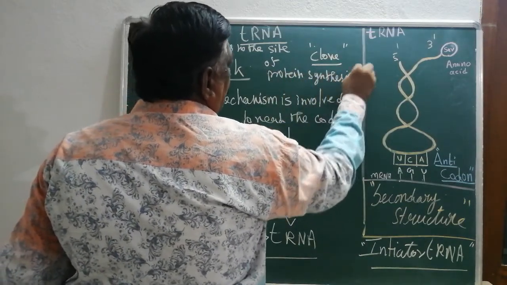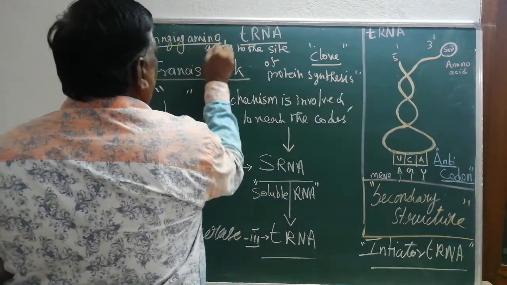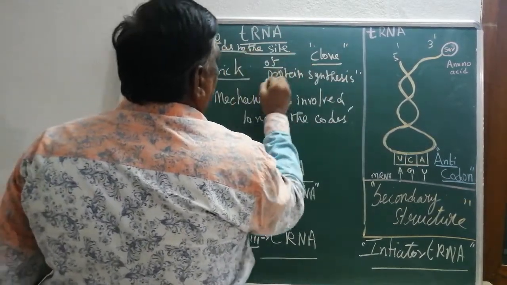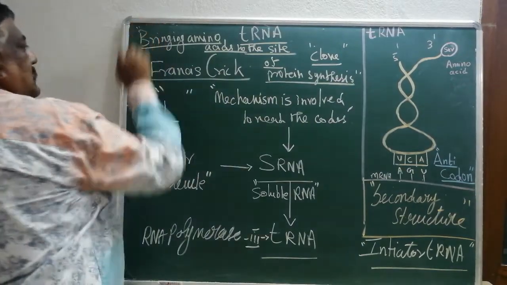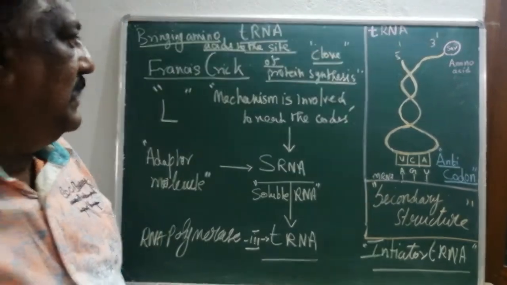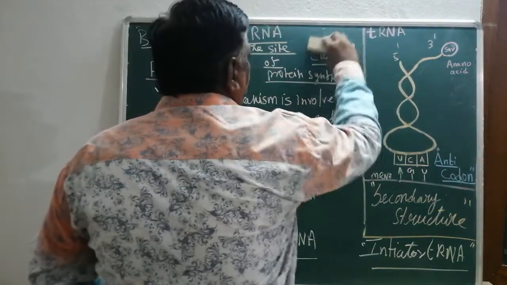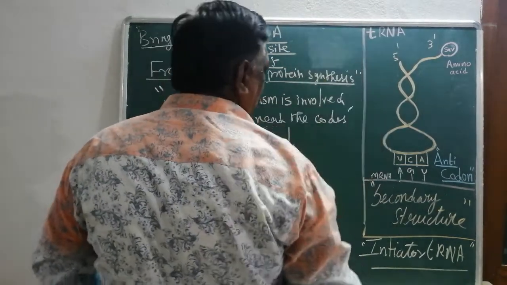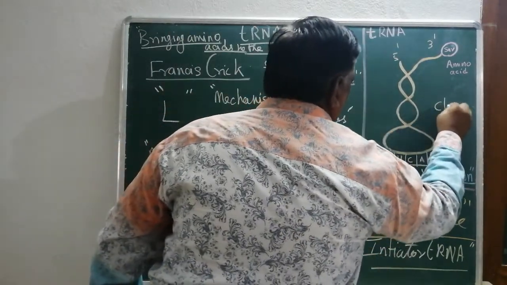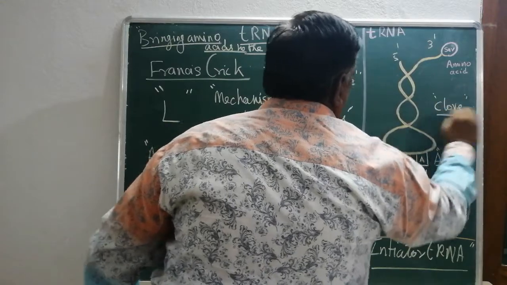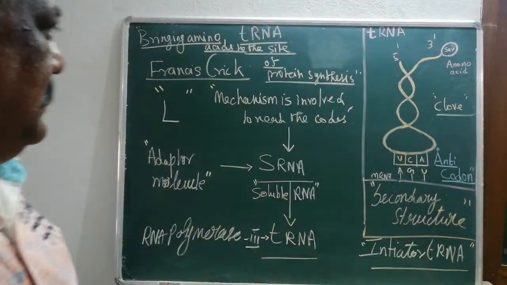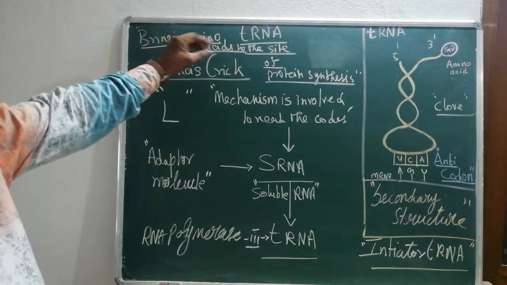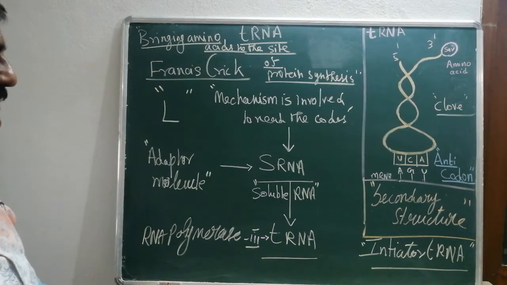That is the function of tRNA. It looks like a cloud. This is the secondary structure. It's very simple. We have just introduced what tRNA is, right?